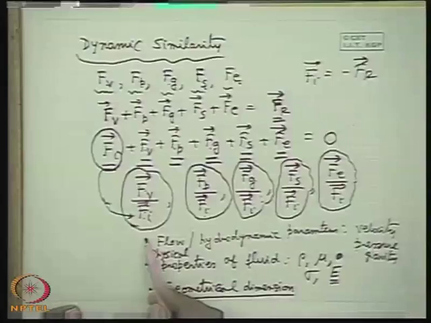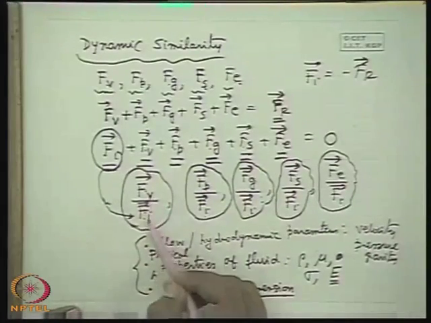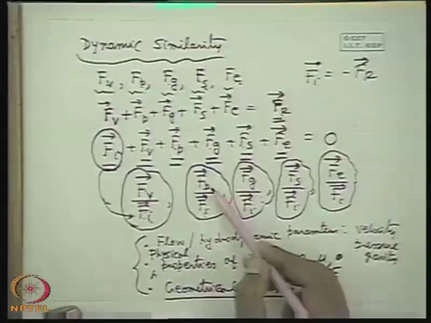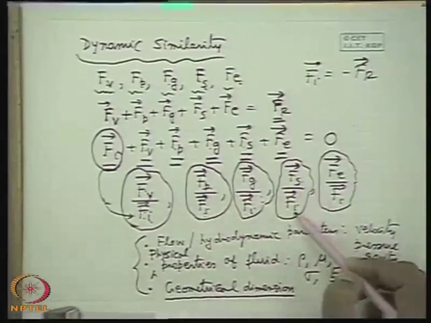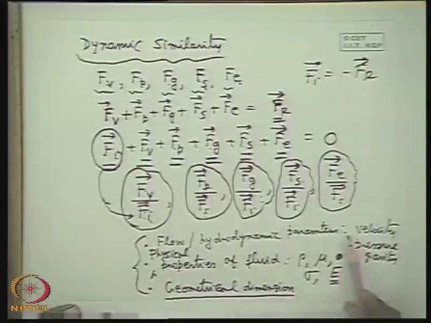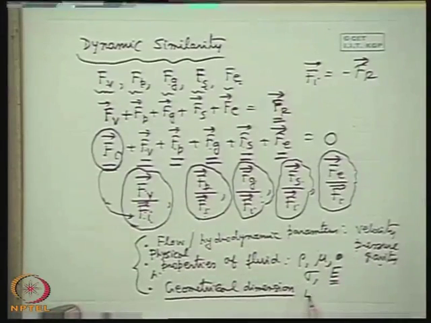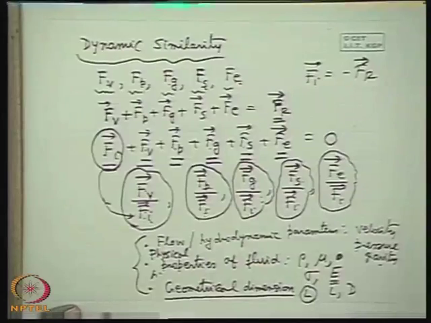Therefore, I want to express these ratios always in terms of flow parameters like velocity, pressure or acceleration due to gravity g, physical properties of the fluid, and geometrical dimensions, the characteristic length L, which may be length, diameter, whatever it may be.